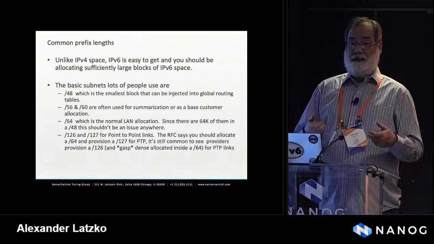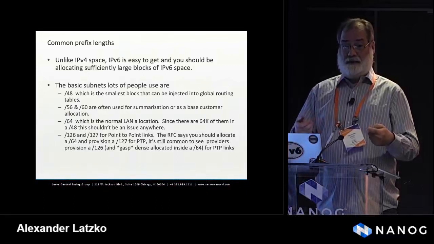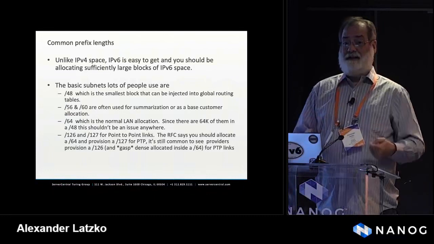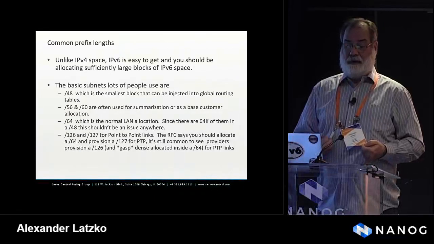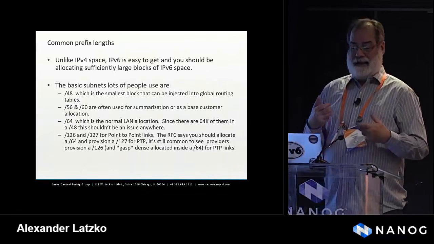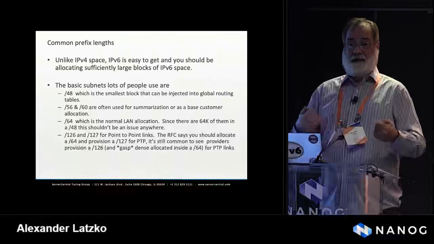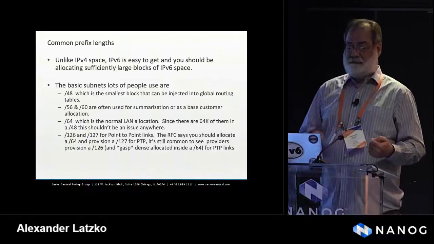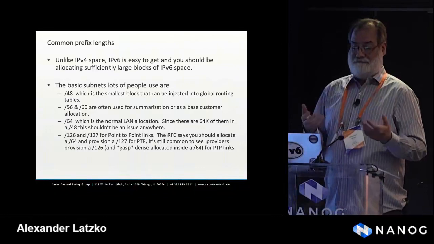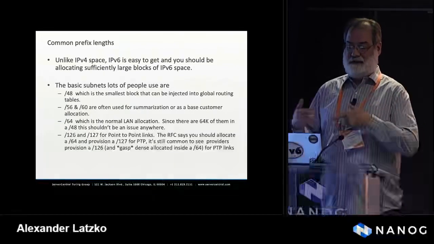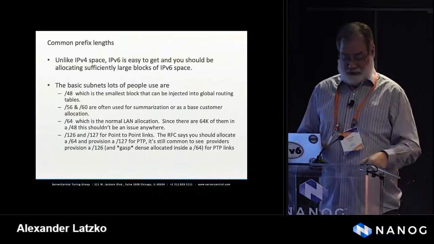A lot of ISPs will give you a /126 for your IPv6 point-to-point. That's a legacy of their provisioning system, and so you'll still see a lot of ISPs that do that. Ask your ISP for a /127. It's the right thing to do. And they really shouldn't dense pack them inside of a single /64 because who knows what they'll break in the future.